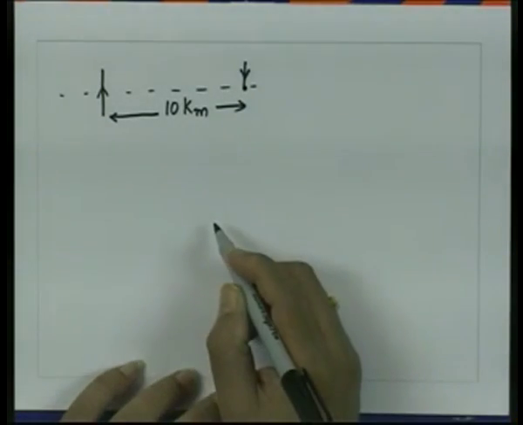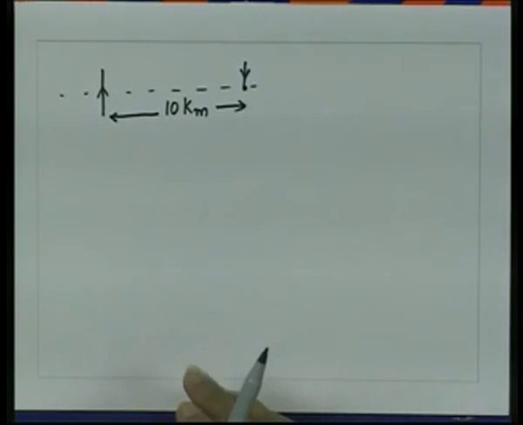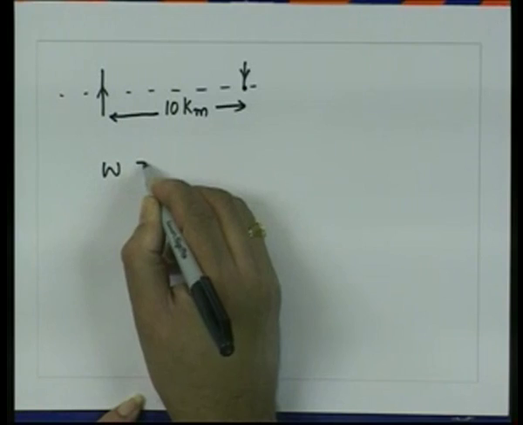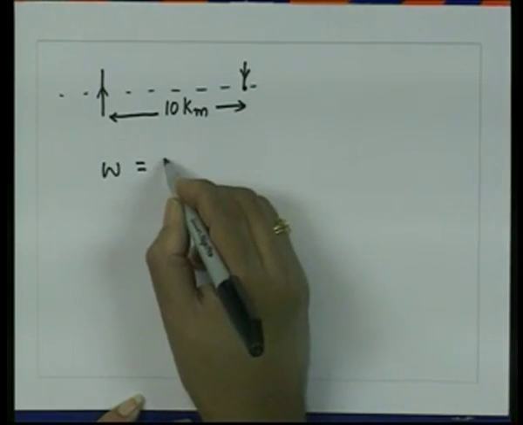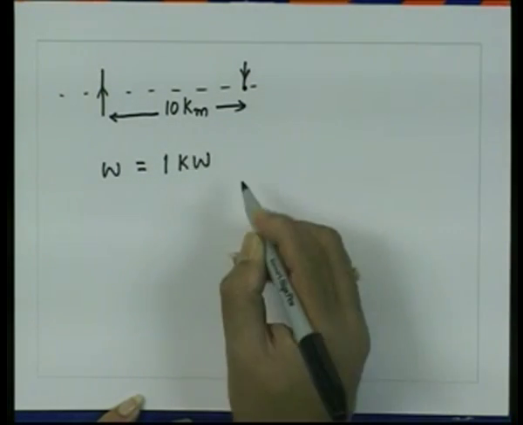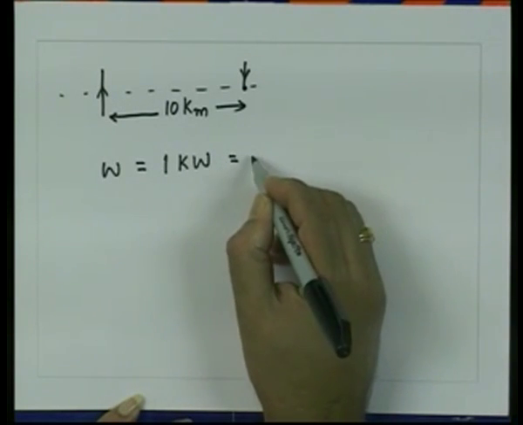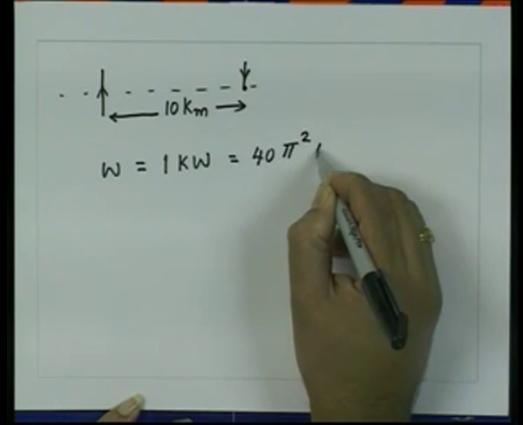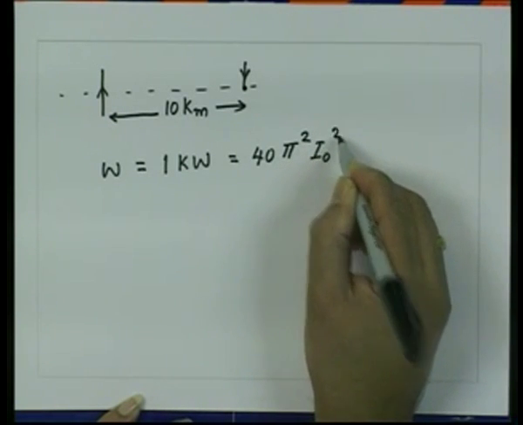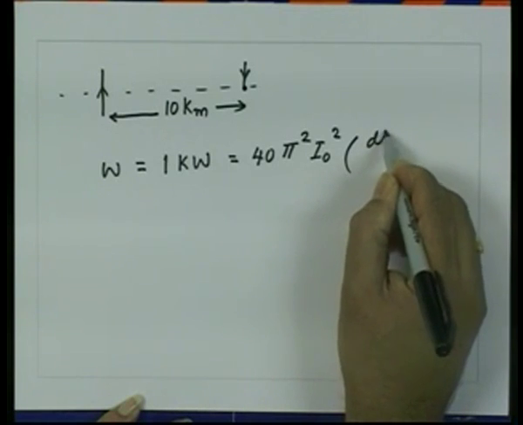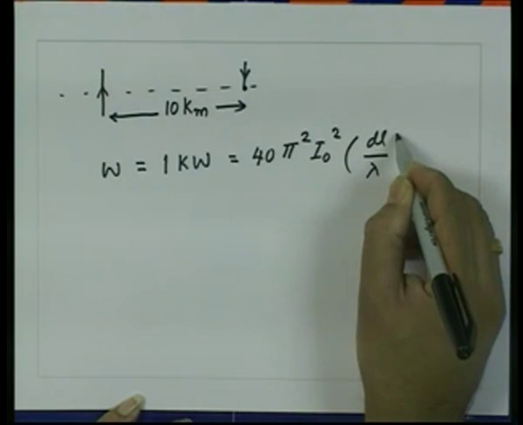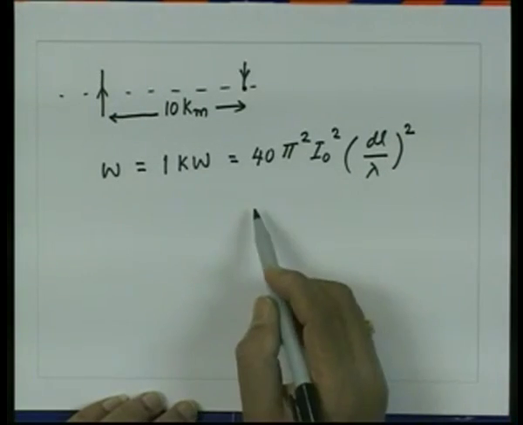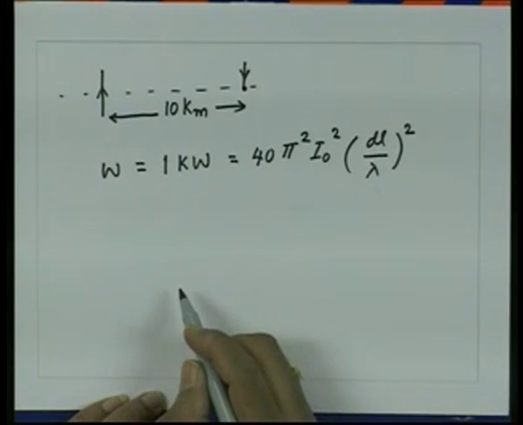So, first what we do, we have already derived the expression for the total power radiated by the Hertz dipole. So, we know that the power radiated W is 1 kilowatt, that is what is given, that is equal to 40 pi square I naught square dl upon lambda whole square. Now, from here we can calculate this quantity I0 dl upon lambda.